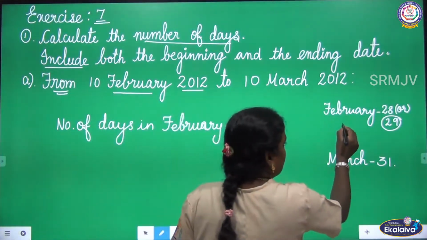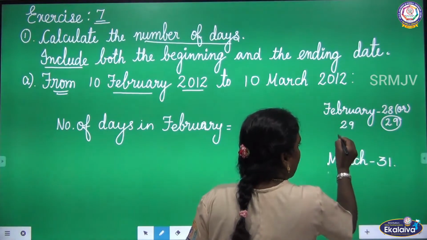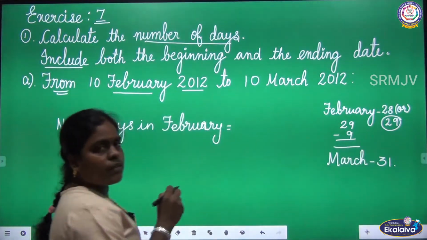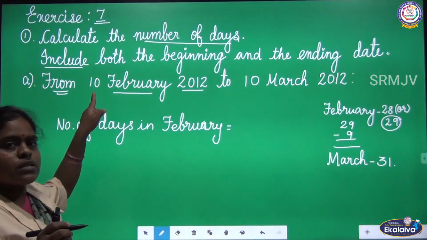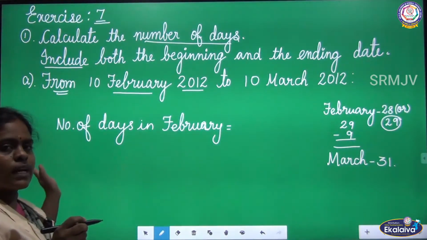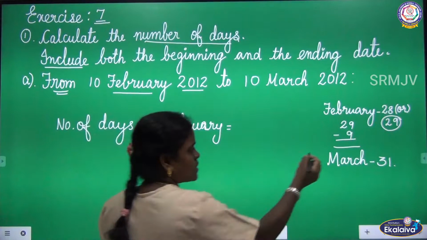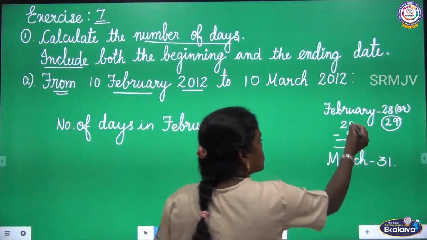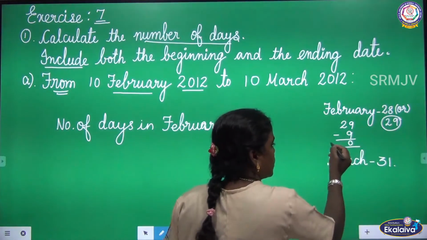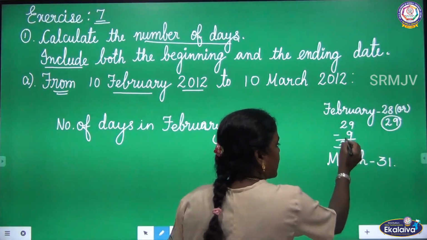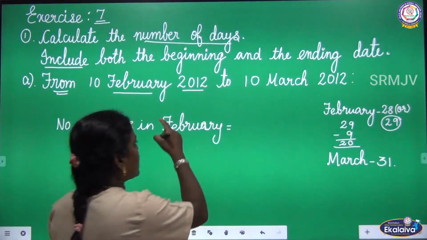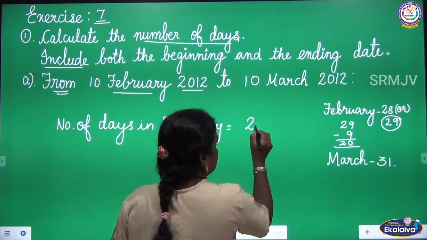So we have to subtract 9 from 29 because we have included February 10 also. So before that we have 9 days. We are going to subtract 9 from 29. So 9 minus 9, 0, and here write down 2. So there are 20 days remaining in February.